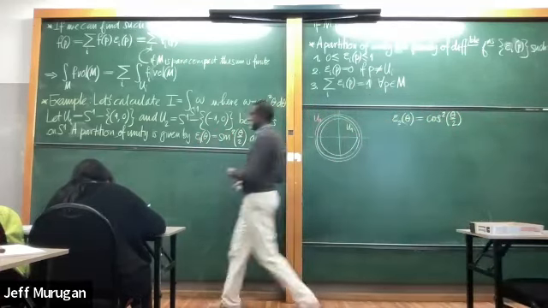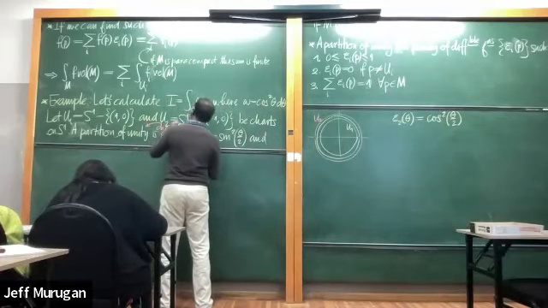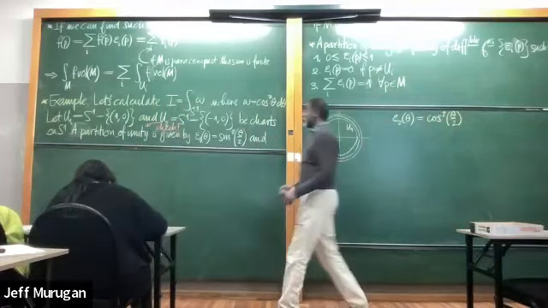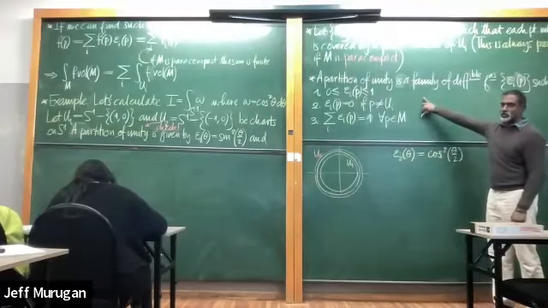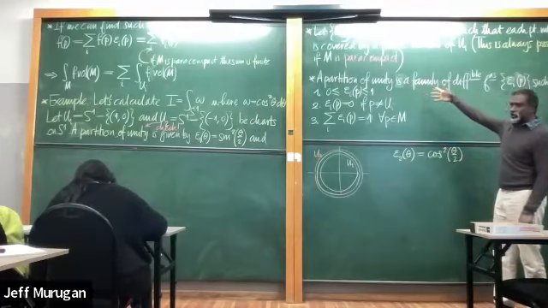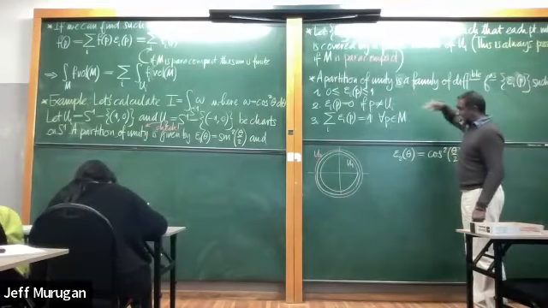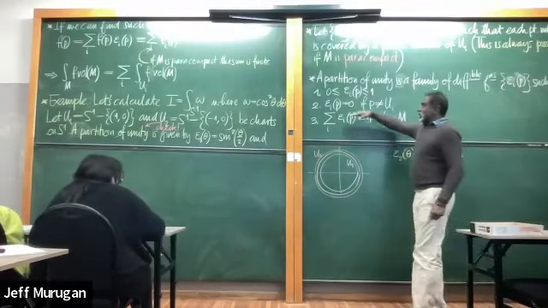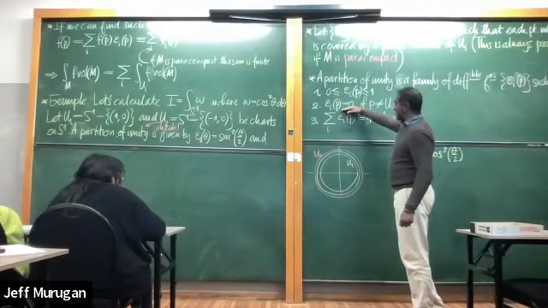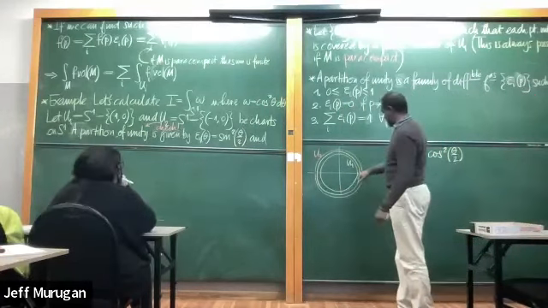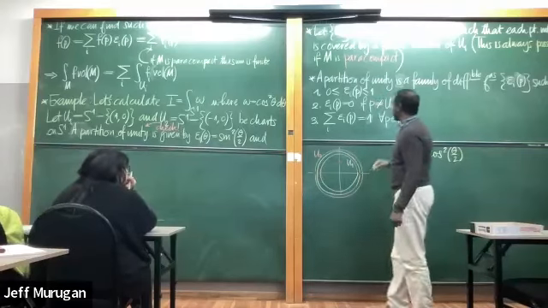I leave this to you to check. We check by showing that epsilon 1 and epsilon 2 satisfy these properties. Obviously, they lie between 0 and 1, being sine squared and cosine squared. You can check also that epsilon 1 is 0 if the point P is not in U1, and epsilon 2 is 0 at that point.